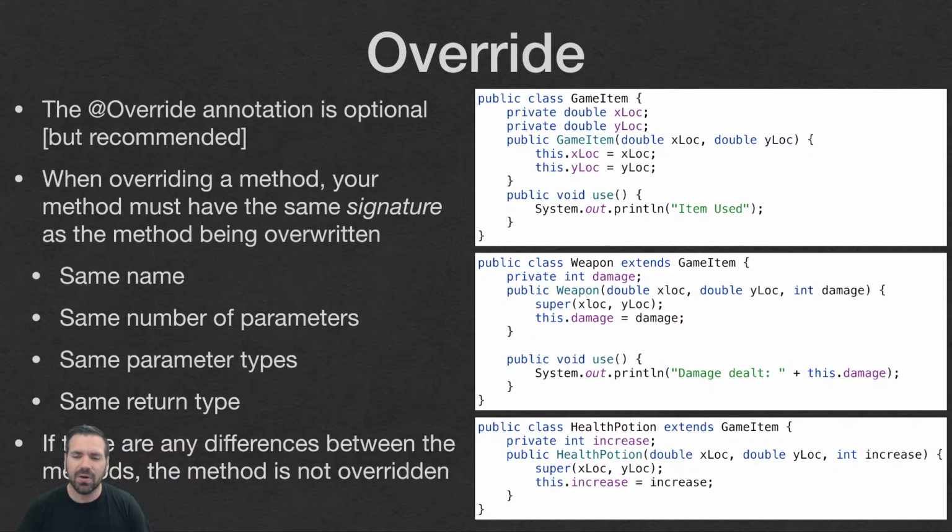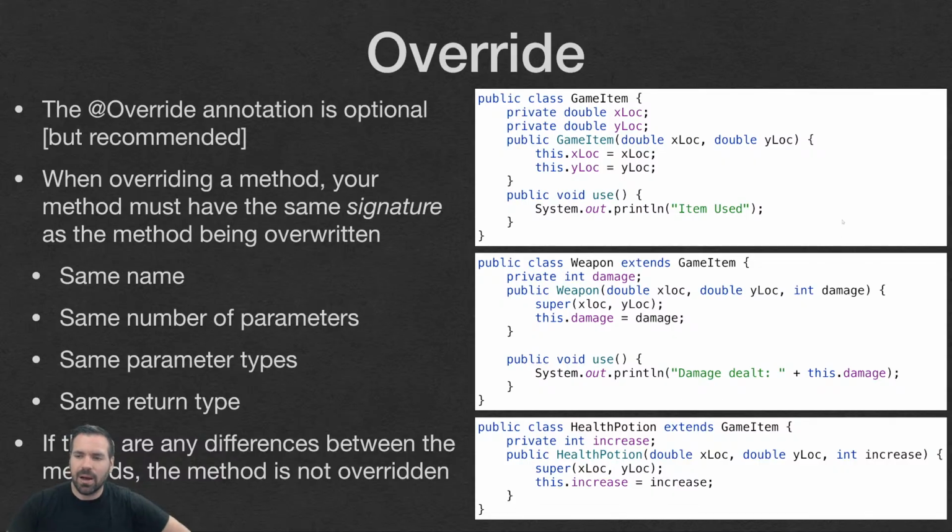But if you don't have the override annotation, as long as your method's signatures are identical, so you have the same name, parameter lists, parameter types, as long as everything's matching the method that you're overriding, it will still be overridden. You do get the override behavior without the override annotation. So they are completely optional. If you don't want to use them, don't use them.